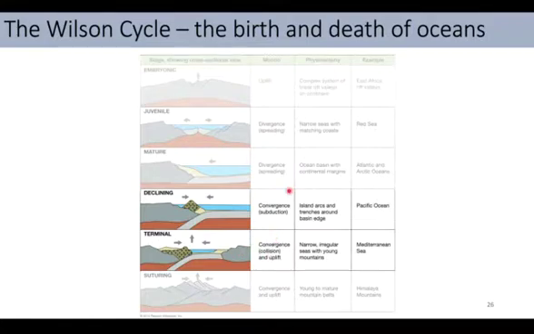It's going to pull whatever is on the other side of it, eventually another continent, closer and closer, because it's just going to keep subducting. That oceanic crust is always going to be more dense than the continental crust. It's going to continue subducting, moving closer and closer to the continental crust there.